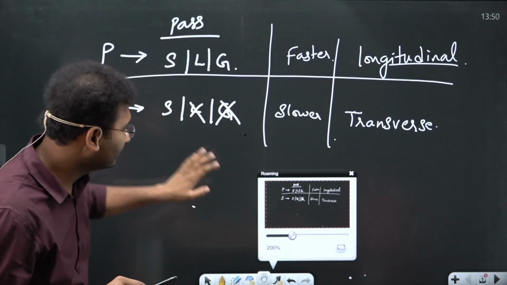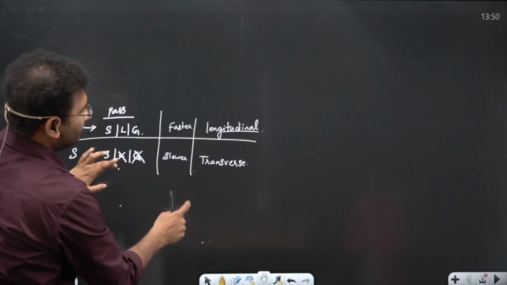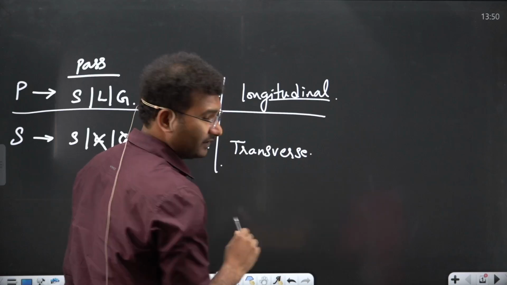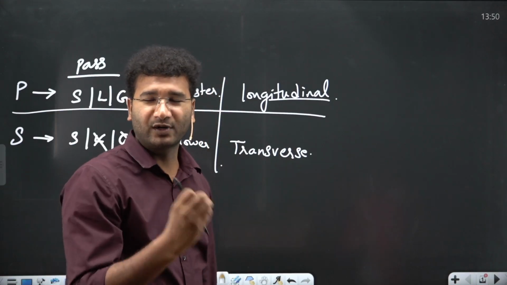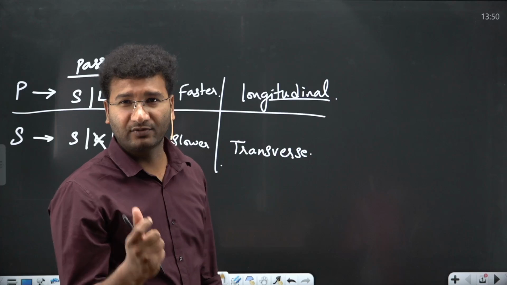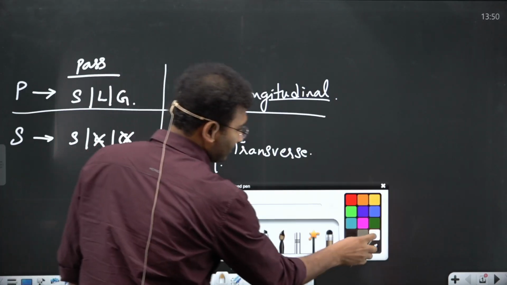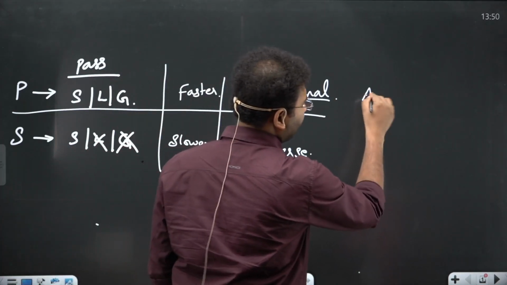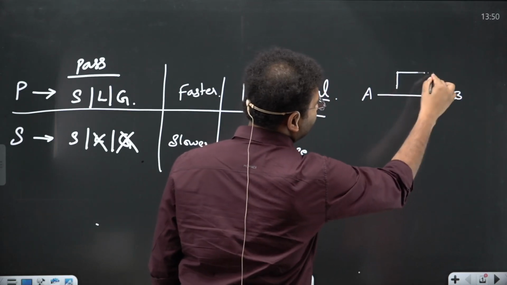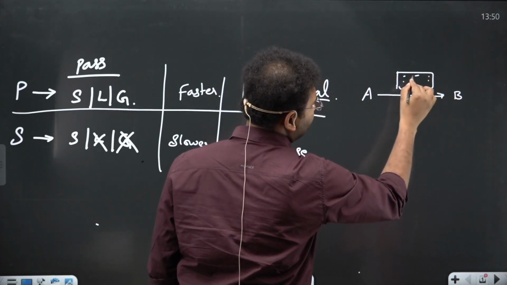I know this will take a little time for you to understand, but once you understand, you'll give me little smiles. The conceptual clarity will be quite clear for you. So try to understand this. A has sent a wave to B, and imagine these waves pass through certain particles.